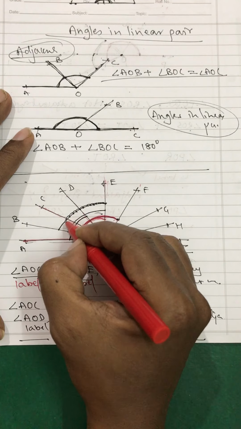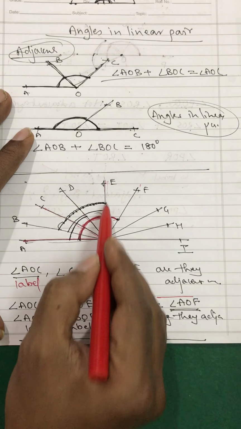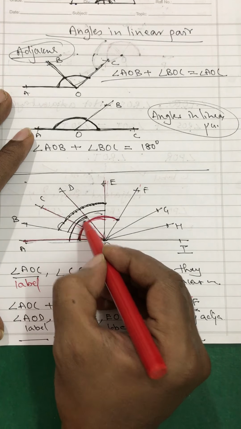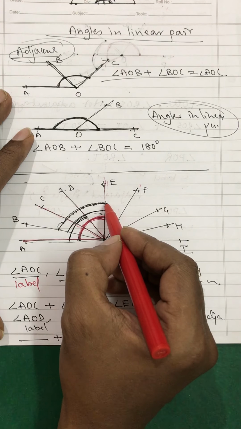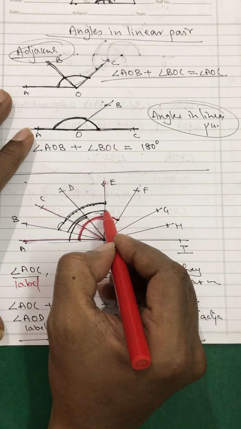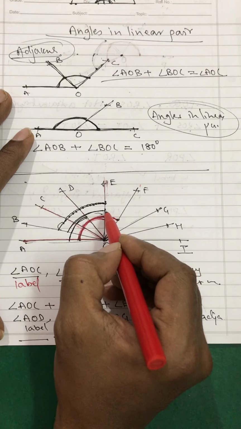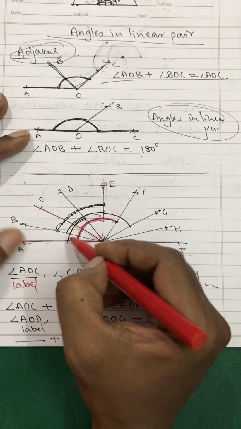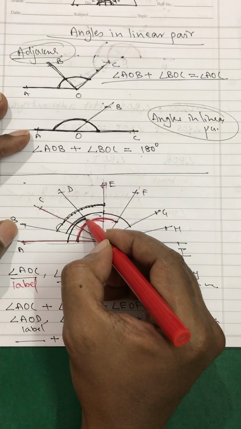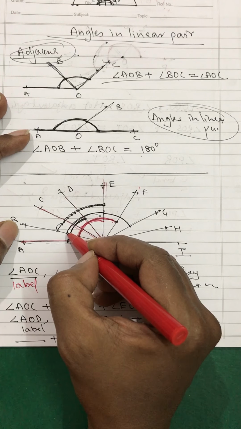Oh, angle BOE is here. This is angle AOD, this is angle BOE, and angle EOG is here. See now, if you see from here to here, and then you have to come back, this is an overlap.